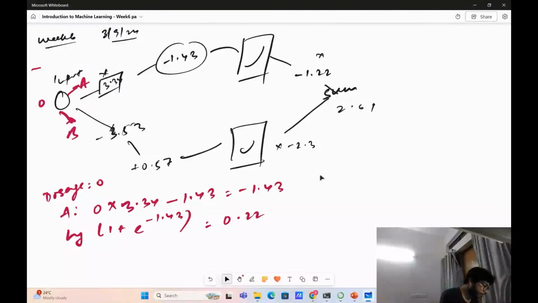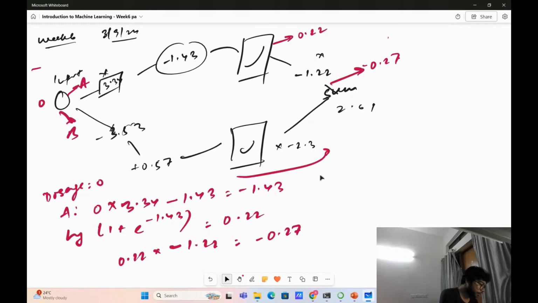Now this gives an output of 0.22. You multiply 0.22 with minus 1.22, and you get an output of minus 0.27. Similarly, if you go through the same steps in the bottom panel, your output would be minus 2.35.